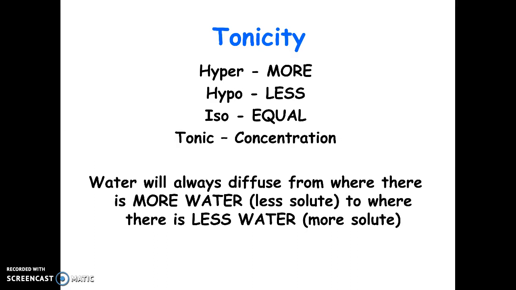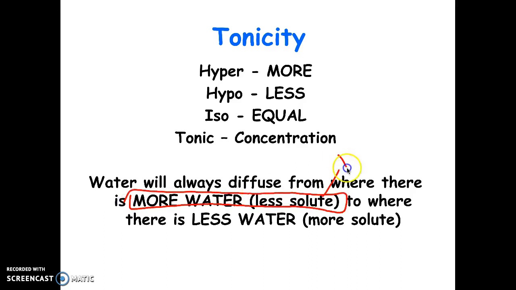All right, so the rule is that water will always go from the side with more water, because this is osmosis. Osmosis is the movement of water from higher to lower concentrations. Water will always go from the side with more water to the side with less water. The side with more water would have less solute.